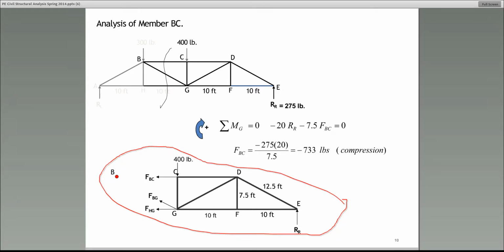Whenever you cut a member, the internal force in that member becomes exposed, as I told you before. So I cut BC, I'm showing the force in BC. All right? Which other ones did I cut? BG. All right? Look at what I did. I'm showing the internal force in BG as such. And then also HG, there it is.